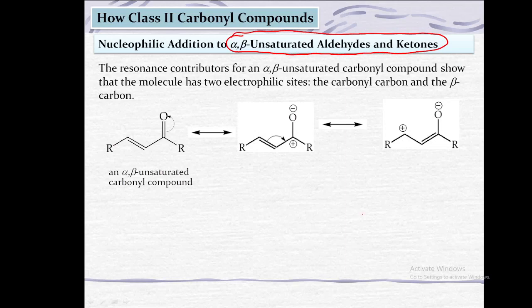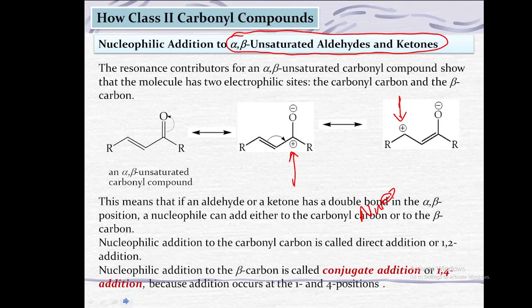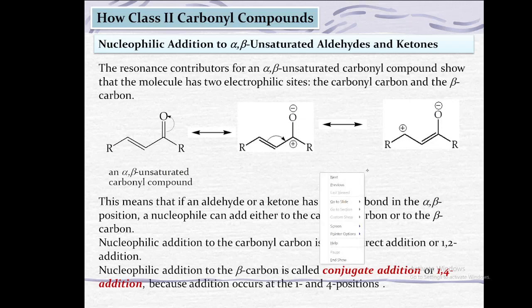So it means the nucleophile has two possibilities, either to attack at the beta position or at the carbon of the carbonyl. So there are those two positions. Now there are definitions for those kind of reactions, which I want to share with you now. When an attack goes to the carbon of the carbonyl, then we call that a direct attack.